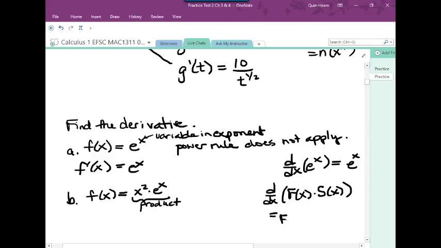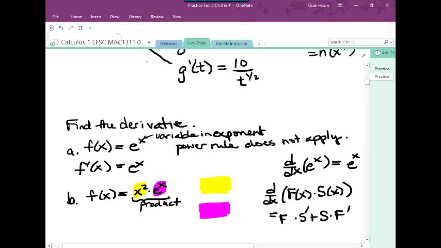And then, first function times the derivative of the second plus the second function times the derivative of the first. Okay? All right. So in our problem, the x squared is what I'm referring to when I say the first function, and e to the x is the second function.